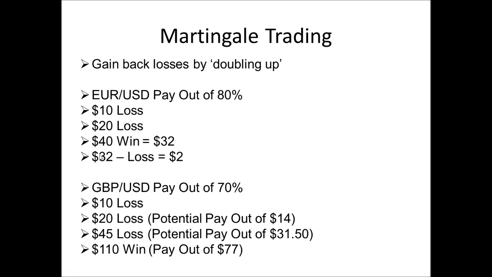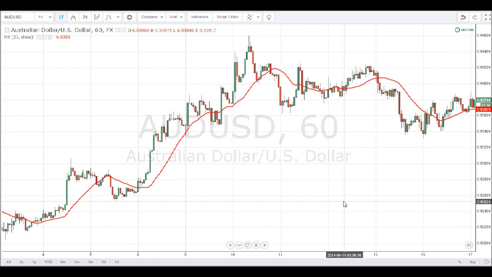The theory behind it is the trading system or strategy we're using will eventually make a win, and when it does, our losses will be covered, we will win those back and we will make a bit of money.